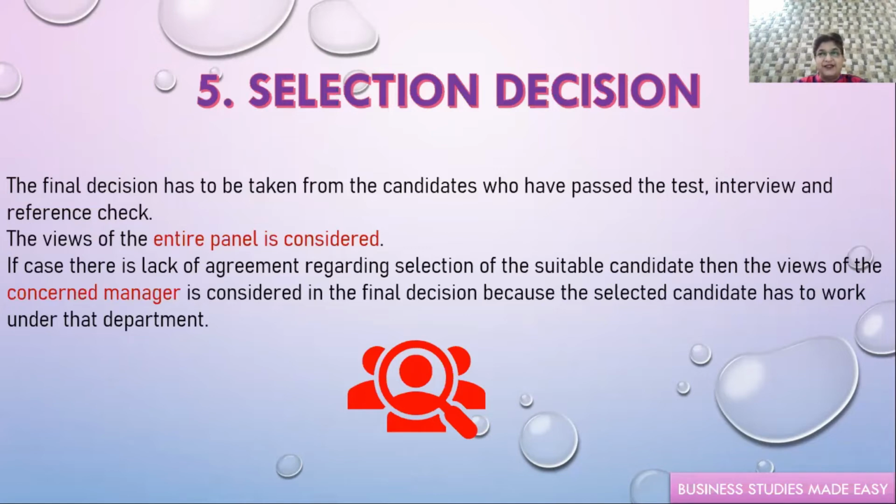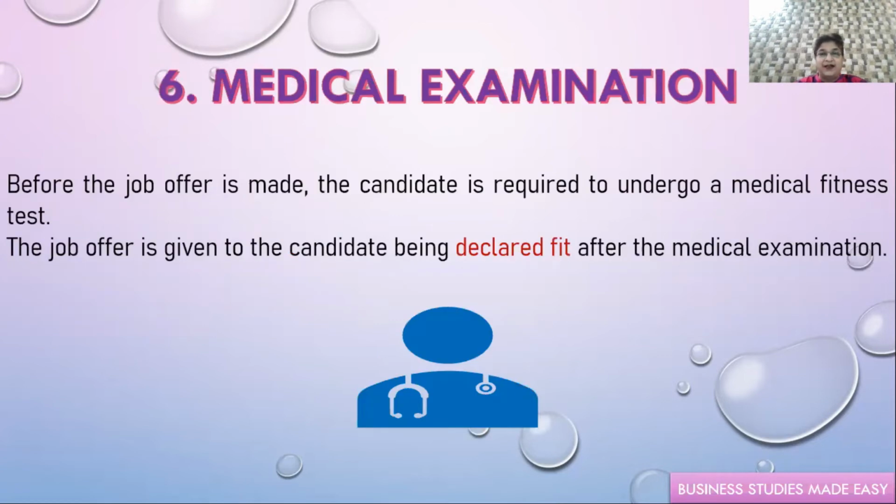Sometimes they have differences. Somebody might feel that this person is better suited, the other may feel that one is better. So in that case, the manager of the department for which they are finding the candidate, who is in the panel, has the final say. For example, they're looking for a manager in marketing. So the person on the panel from the marketing department has the final say regarding who is to be selected.